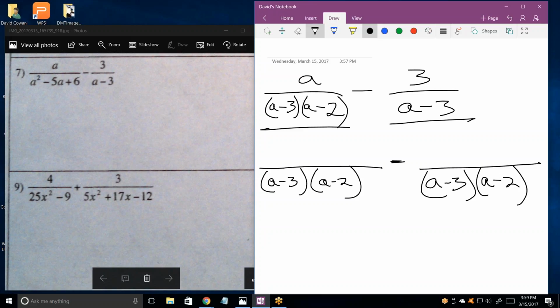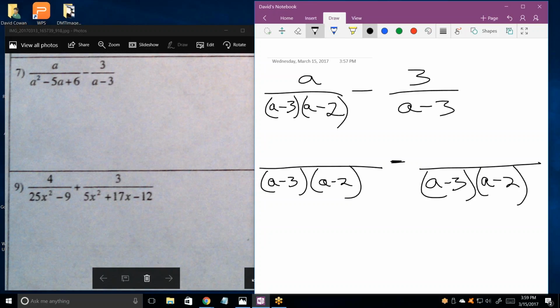But I do need to multiply the a minus 3 times a minus 2, because that's the only thing that makes this term divide evenly into the denominator. The general practice is you multiply them together to get your common denominator. But if one of the linear factors is the same, you don't need to duplicate it. In other words, I don't need a minus 3 squared.